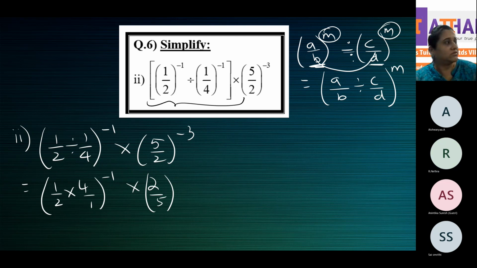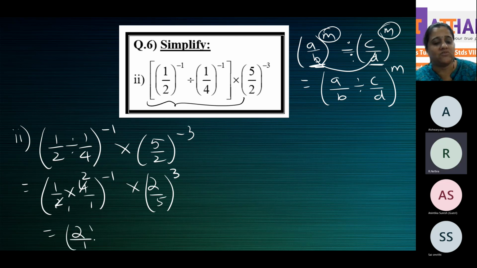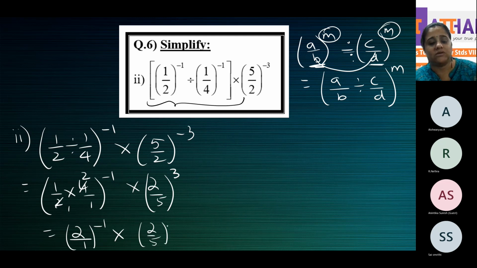Then you should change both. 2 ones are 2, 2 twos are 4. So what do you get in this bracket? 2 by 1 to the power minus 1 into 2 by 5 to the power 3. Okay, so what is 2 by 1 to the power minus 1? Reciprocal of the base, negative of the power.